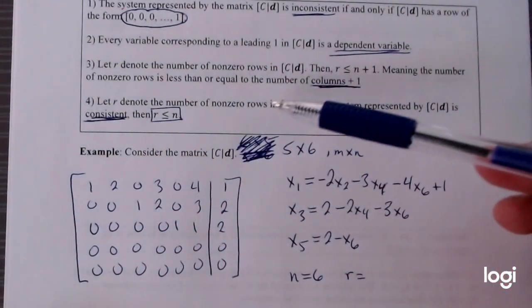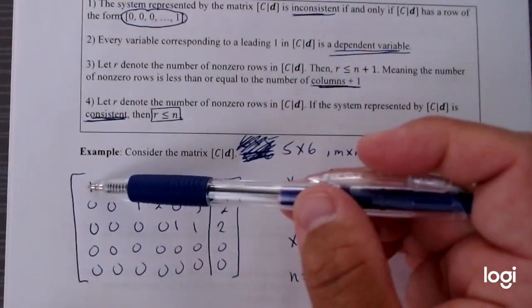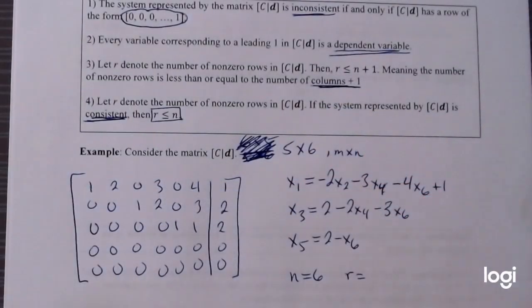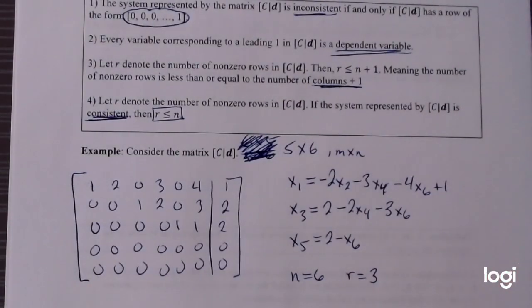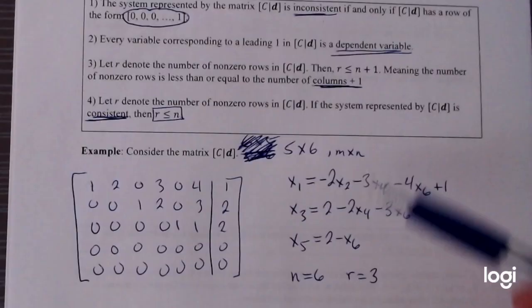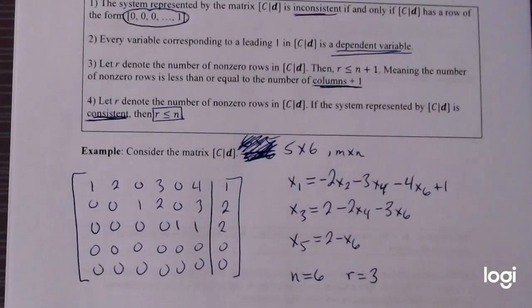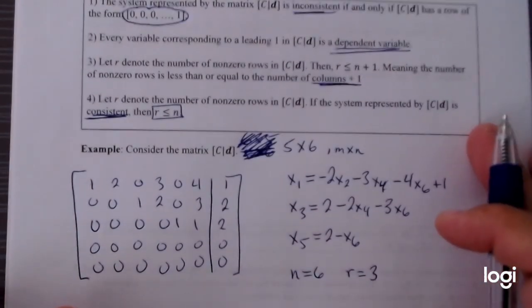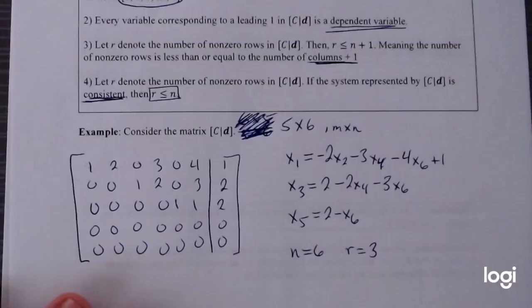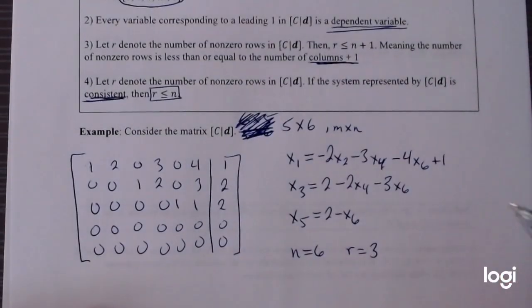And then r will always represent the number of non-zero rows. Rows go this way. We have 1, 2, 3. And it checks out, right? 3 is less than or equal to 6. And the interesting part, which we'll talk about in a little bit, is how many dependent variables we actually have.